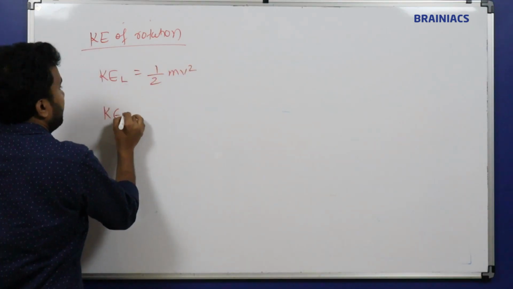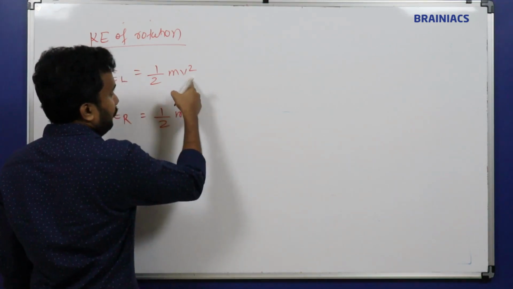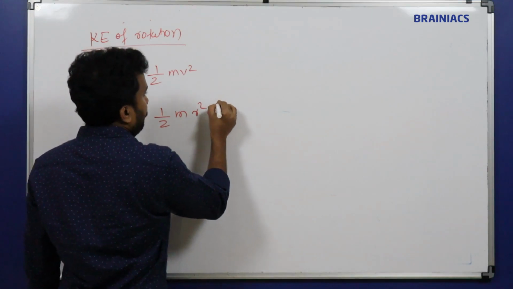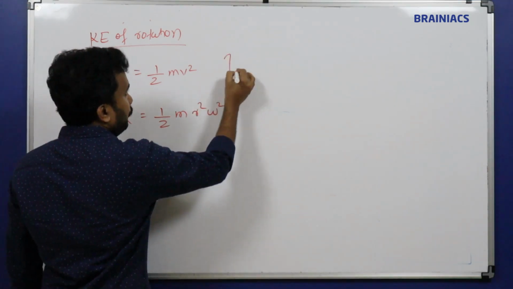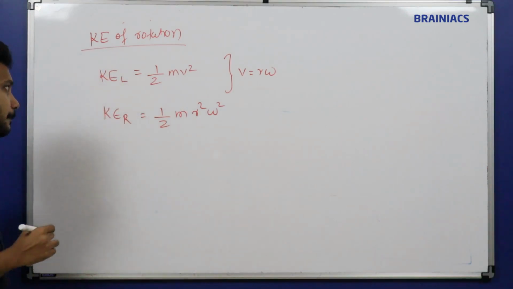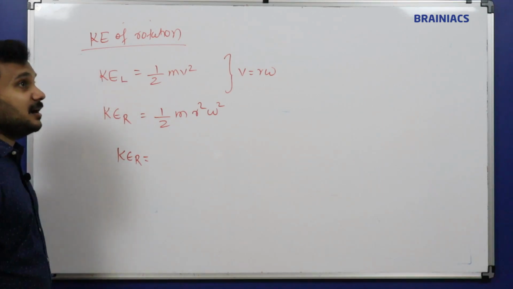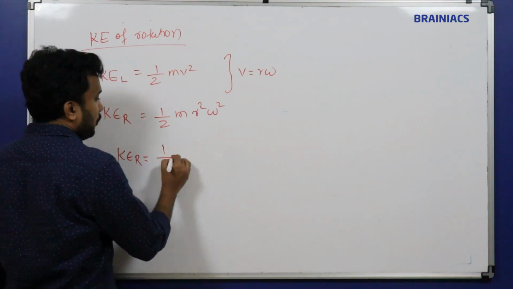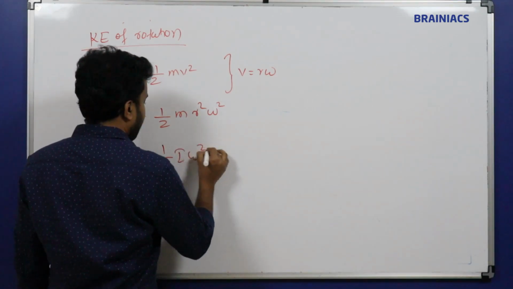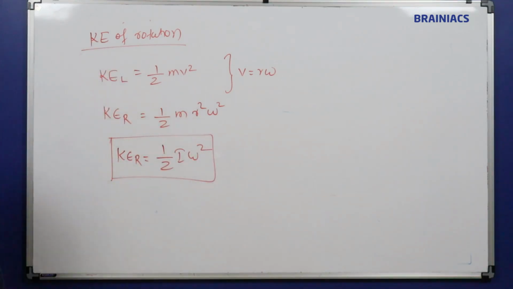Now if you come to kinetic energy of rotation, the only difference is half m into, instead of v, r square omega square, because you know v is equal to r omega. What is m r square? It is I. So kinetic energy of rotation is 1 by 2 I omega square.